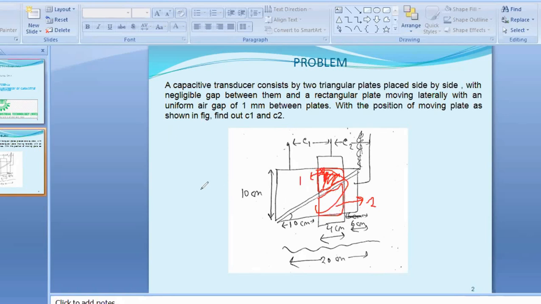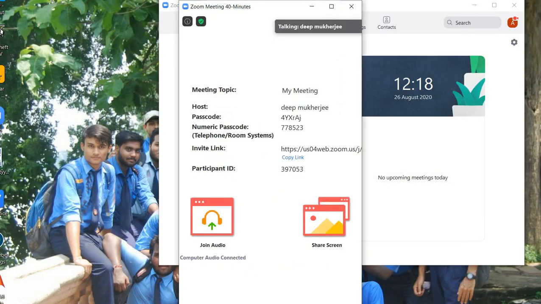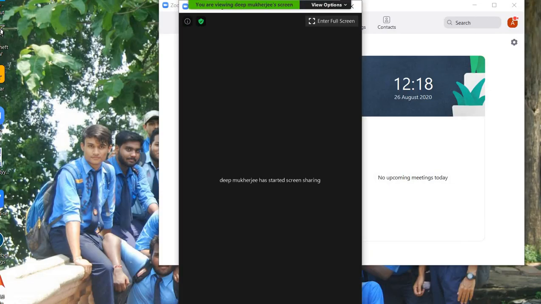So this is a trapezoidal shape. In a trapezoid, we know how to find the area.